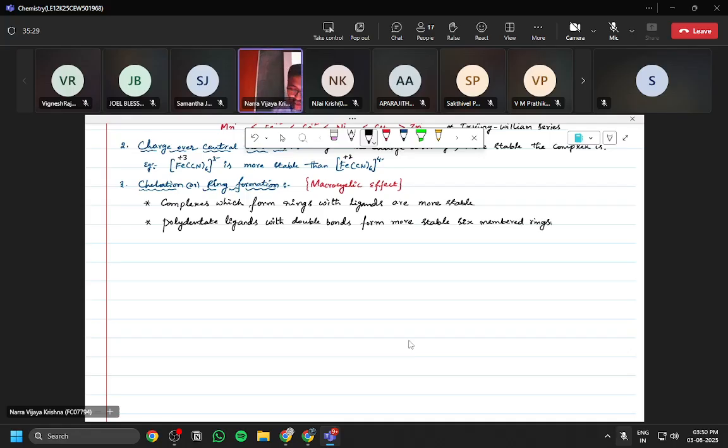If they don't have pi bonds, if there are no double bonds, then they form stable 5-membered rings.